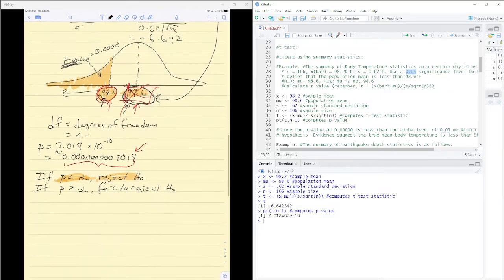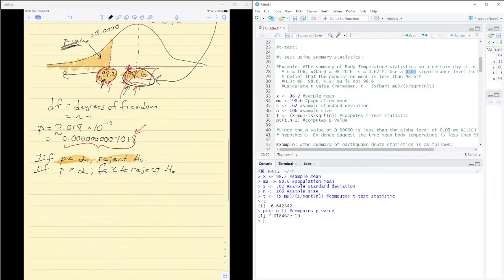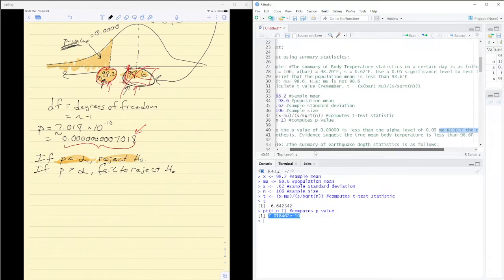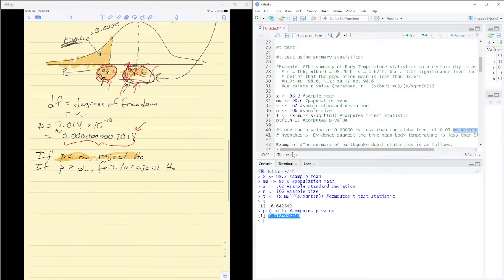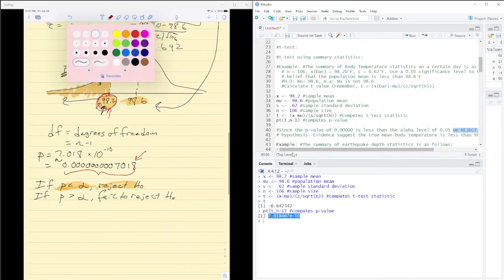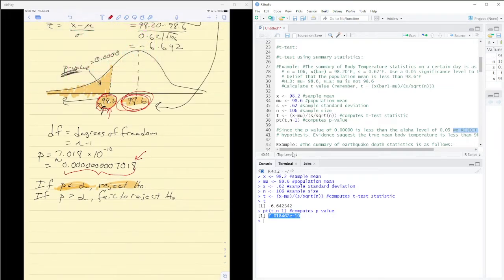The way we conclude these problems is it's written out here. Since the p-value, which is very, very small, is less than your significance level, your alpha level, we reject the null hypothesis. The probability is so small, it's basically 0. So this value must not be the true population mean.